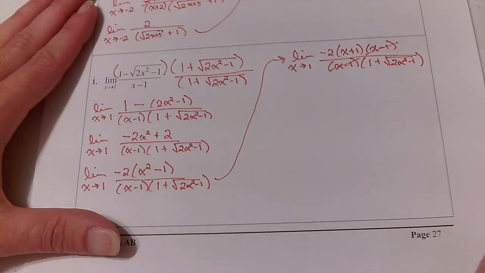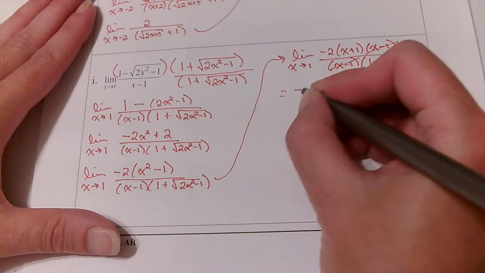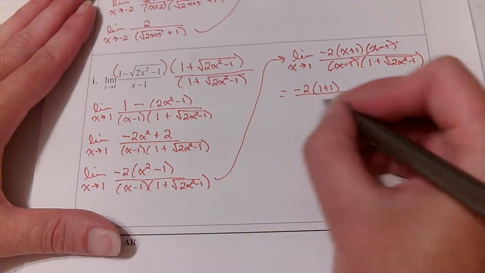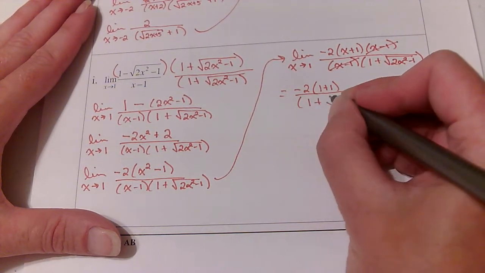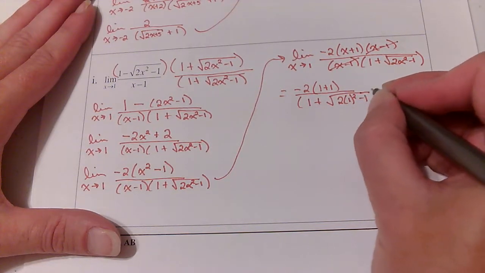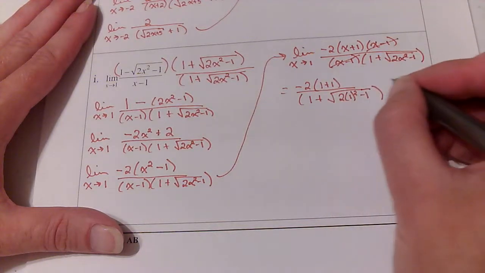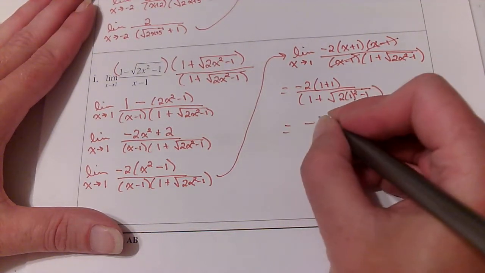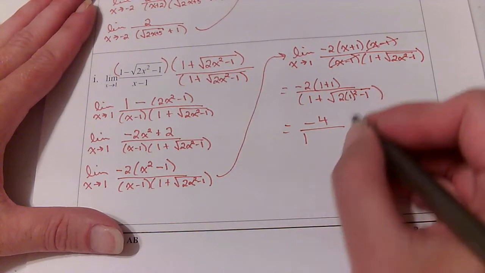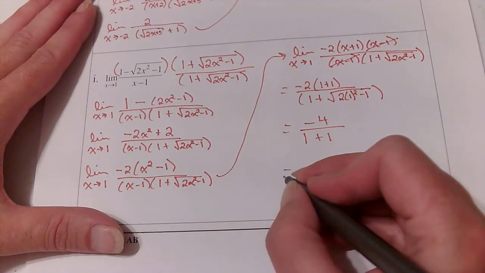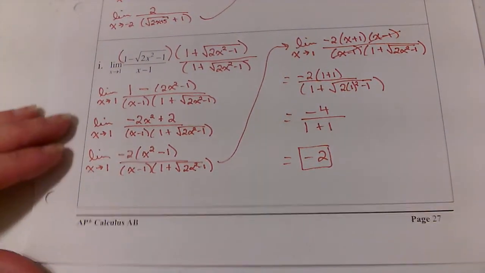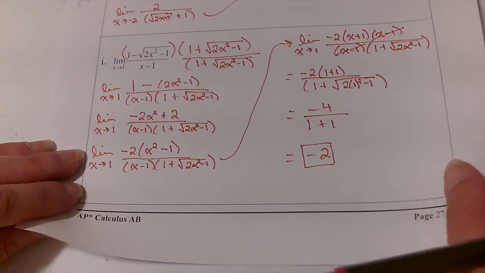Now I can do direct substitution. Negative 2 times 2 is negative 4 over 1 plus 1, negative 2.